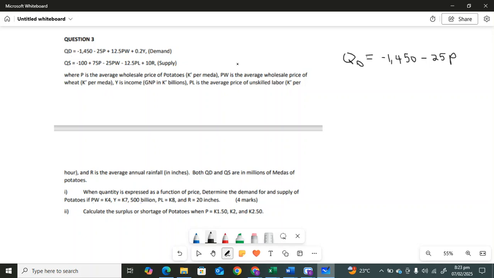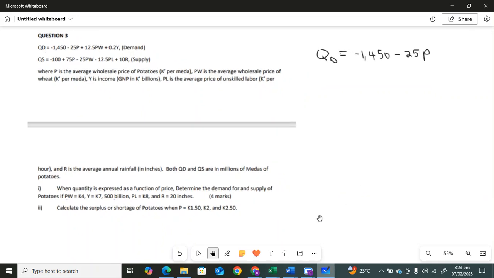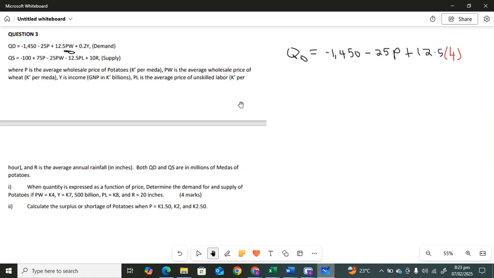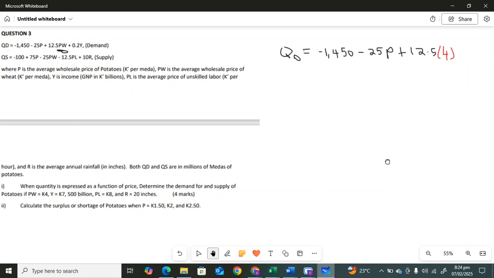So p stays as p because you haven't been given any value. p will remain as p, plus 12.5 pw. pw is the price of wheat, so we substitute this pw with 4 kwacha, plus 0.2y. We substitute y with 7,500.